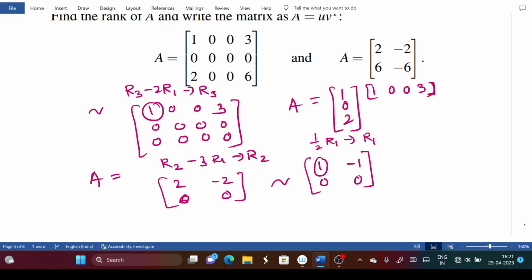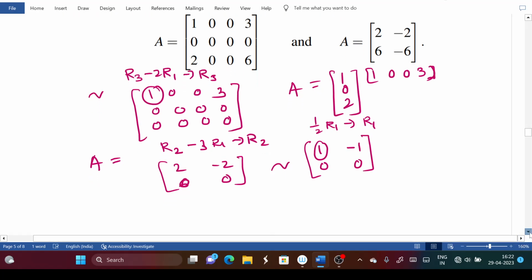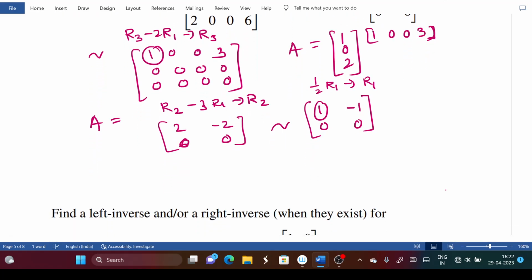So now what is my first vector? First vector I can write as 1 minus 1. I have two options. Either I make my pivot in the first column, I will write this one. So here A is equal to 1 3, 2 minus 2.